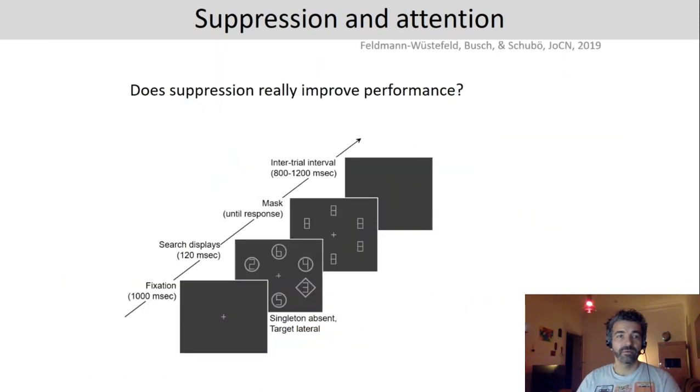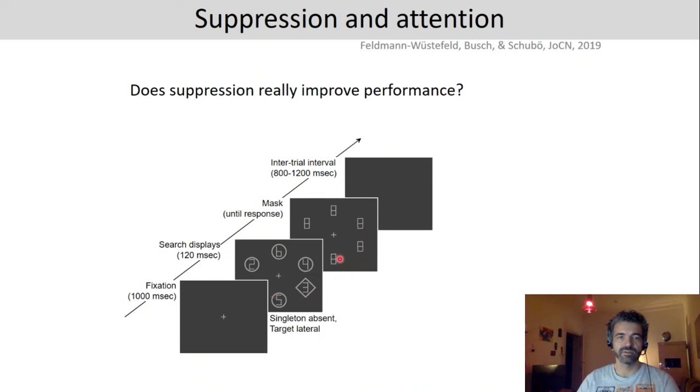Does the PD really reflect suppression? Well, this was tested by us in a study that was published 2 years ago. In this task, participants saw search items like these. So the task for participants was to report the digit inside the diamond and ignore all other digits.